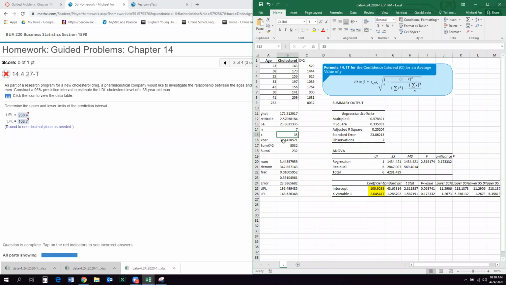X bar. Average A2 to A8. Sum of X squared. Sum of X. Minus X bar squared. Equals X minus, whoops, X minus X bar.